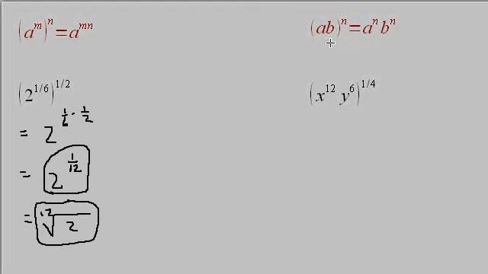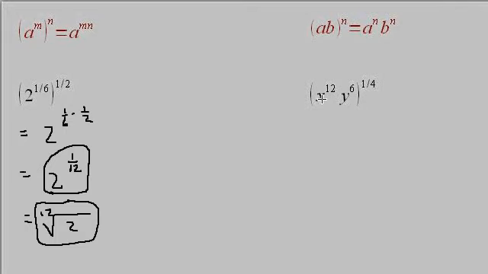Now let's look at this one. We have a times b to the n. So that's a to the n times b to the n. So what we do is we raise each term inside the parentheses to this exponent outside. So let's look at this problem. Now in these problems, we're going to assume that all the variables represent positive real numbers.